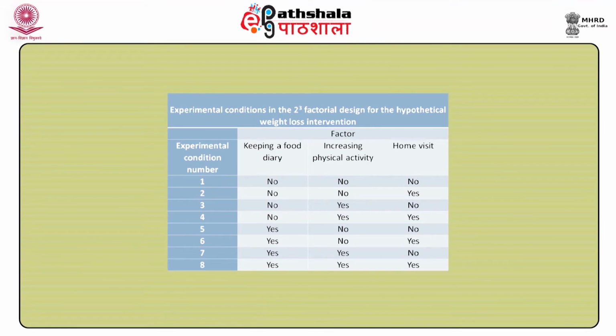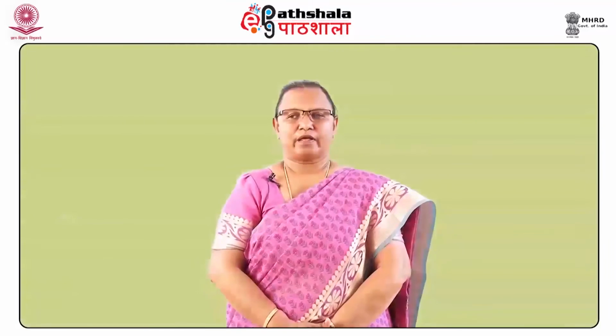In the third condition, the first factor is not there, the third factor is not there, but the second factor is there. So like this we go on up to the 8 conditions, where you have a permutation and combination of these 3 different factors. So in this experimental design, you make it more elaborate.